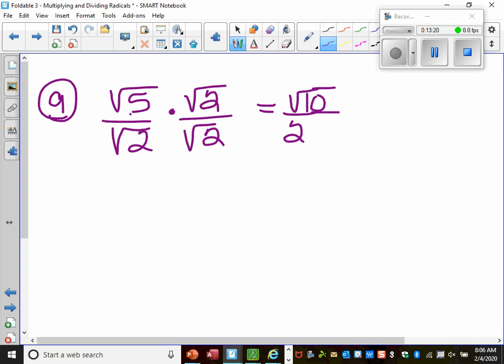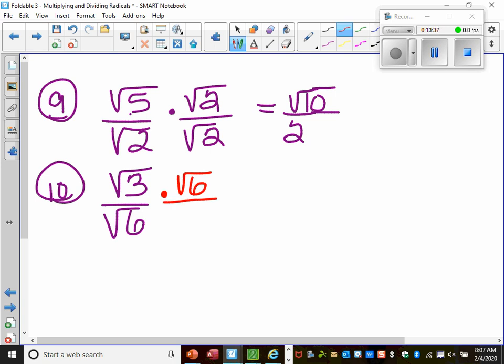Okay. All right, let's add a 10. And we're going to do rad 3 over rad 6. So I'm going to rationalize the denominator and say rad 6 over rad 6. So at the bottom, I'm just left with the square root of 36, which is 6. So again, that's my whole point, is to get rid of the radical in the denominator. When I multiply my numerators, that's going to give me rad 18.